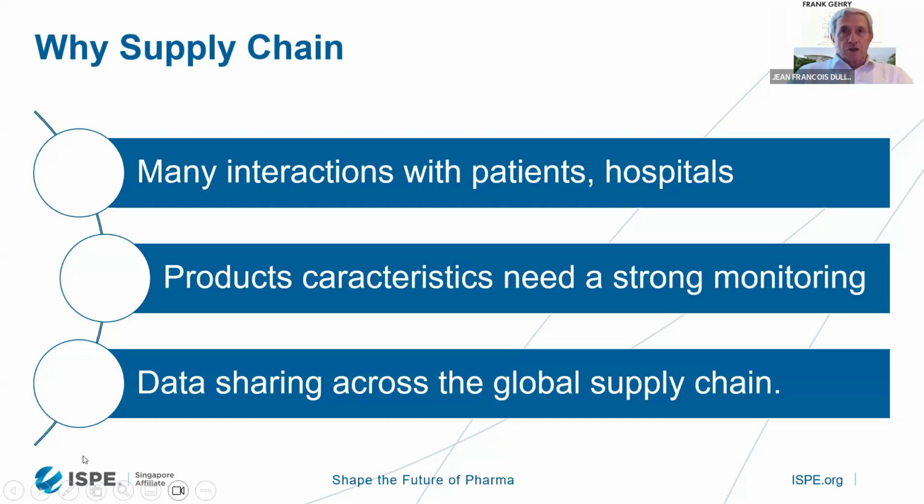When we talk as well about supply chain, we can see that with the heat of the climate, with the uncertainty in several parts of the world, this will impact the supply chain.